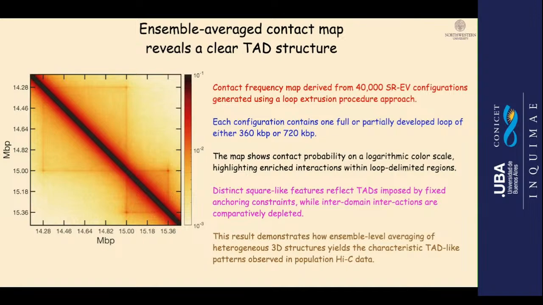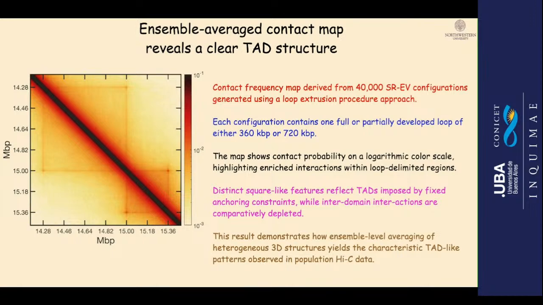These features arise only after averaging over many heterogeneous cells, heterogeneous structures. In individual configurations, loops and constraints appear inconsistently, but when pooled, they reveal the stereotypical TAD pattern.